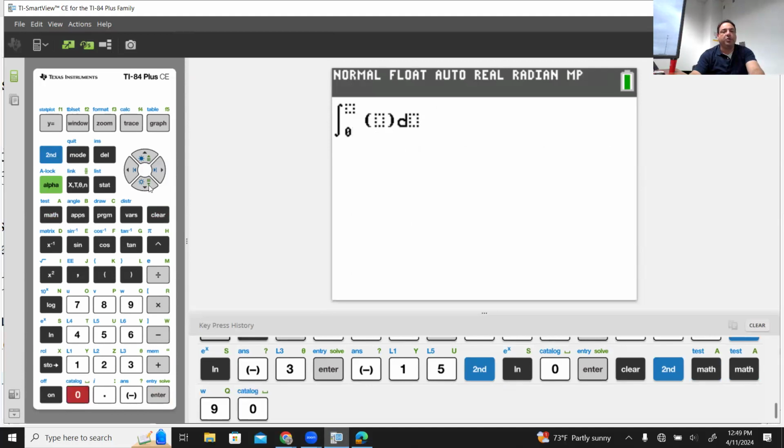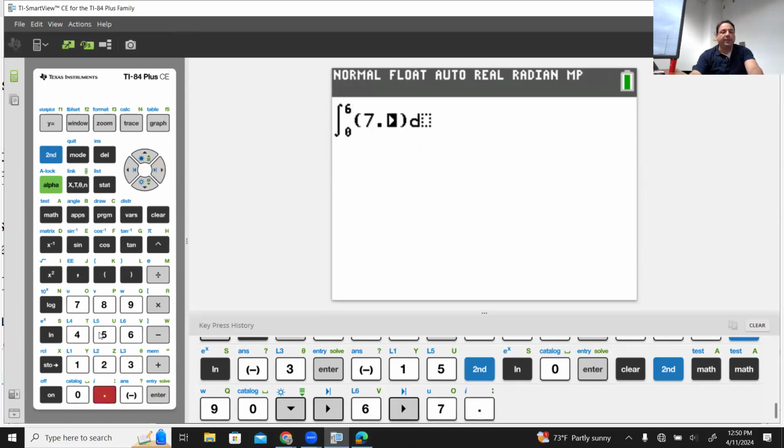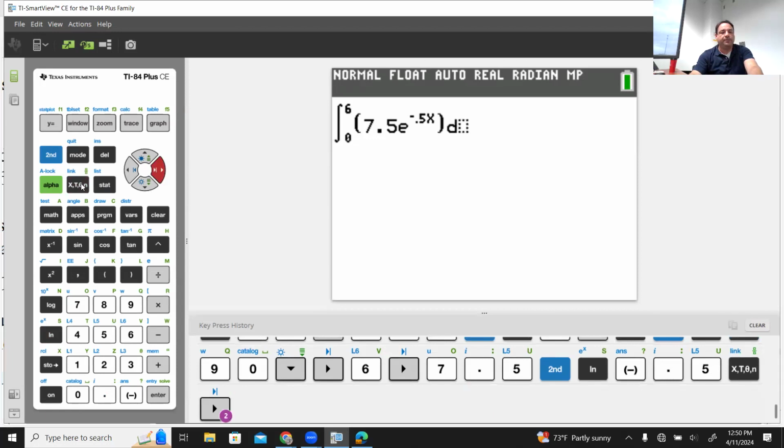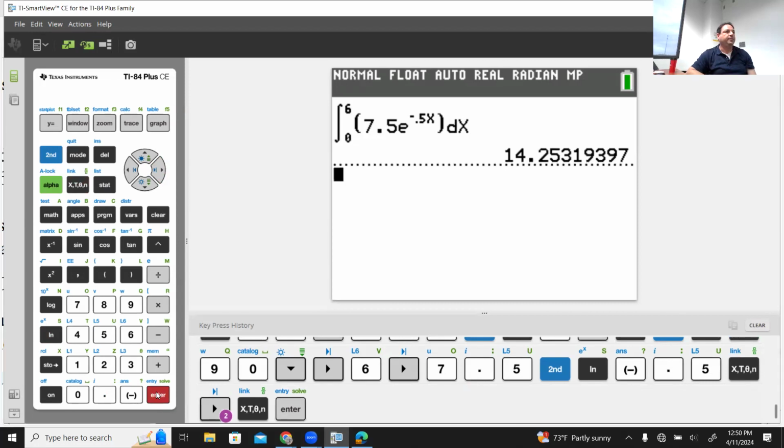This is from 0 to 6. Plug in the original 7.5 e raised to the negative 0.5 x, and with x. And you should get 14.25.